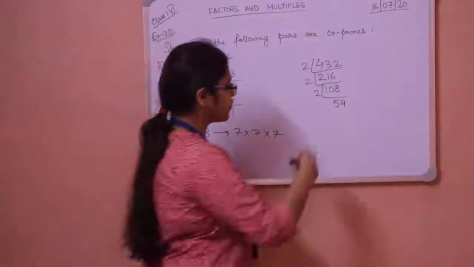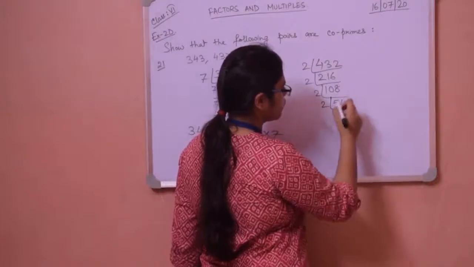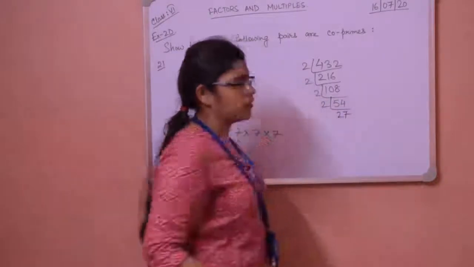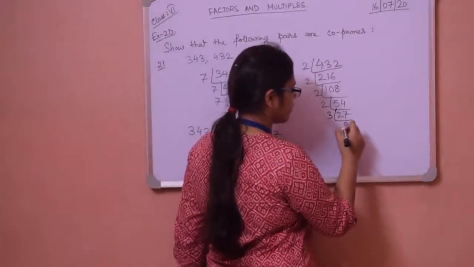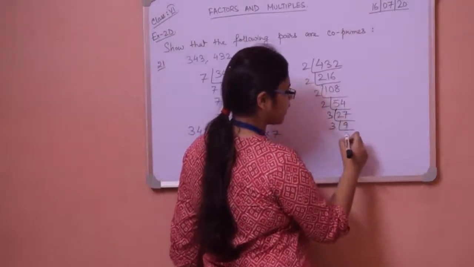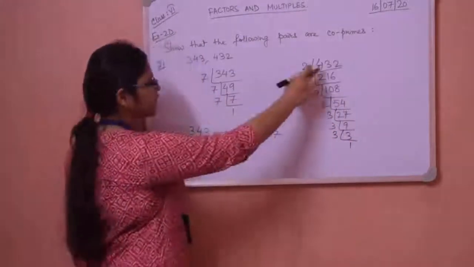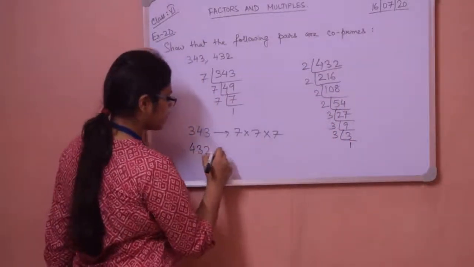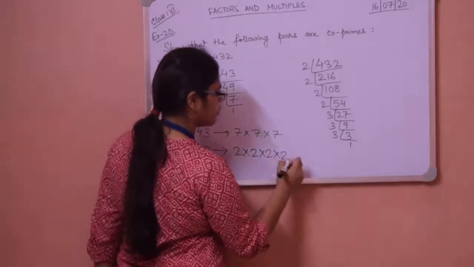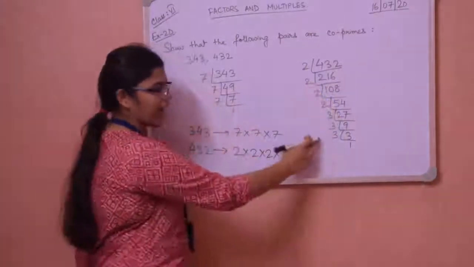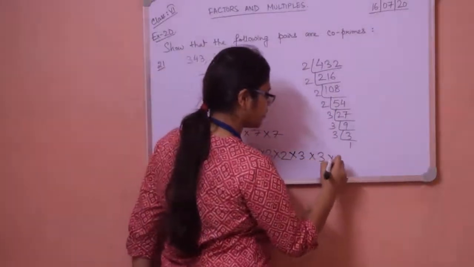Now 54 also we can divide with 2 again, we get 27. Now 27 we can divide with 3. We can divide this again with 3 and again with 3. So the factors of 432 give us 2 into 2 into 2 into 2, 2 is 4 times, and 3 is 3 times, so 3 into 3 into 3.